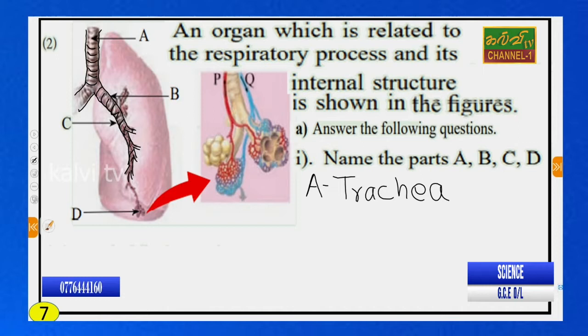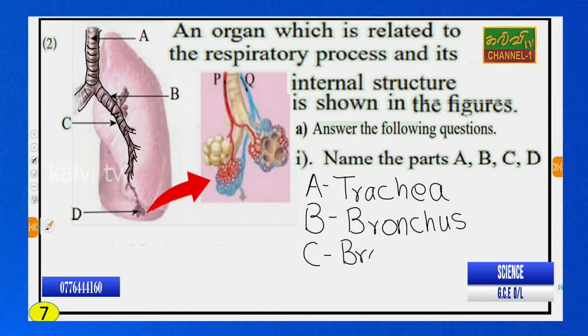B, bronchial, or bronchus. C, bronchioles.